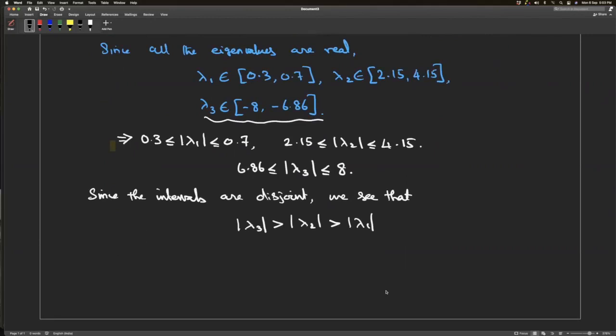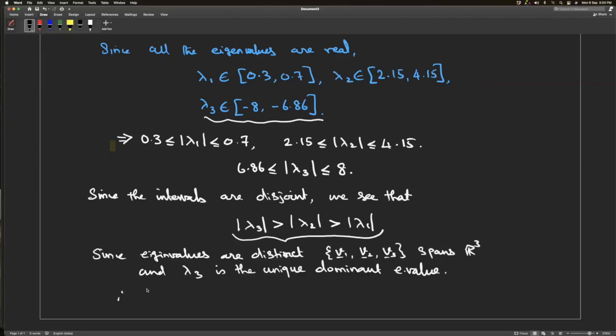Therefore, the corresponding eigenvectors will span R3. And since they are coming with this kind of order, you can see that the dominant eigenvalue, which is lambda 3, is distinct and unique, more importantly. Therefore, power method can be used to obtain the dominant eigenvalue lambda 3 and a corresponding eigenvector.